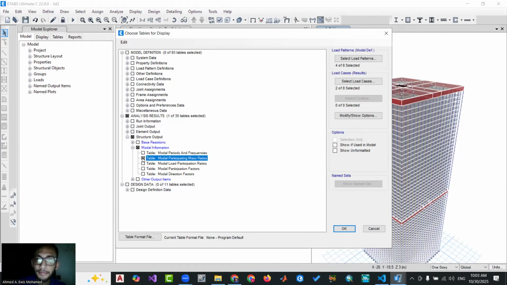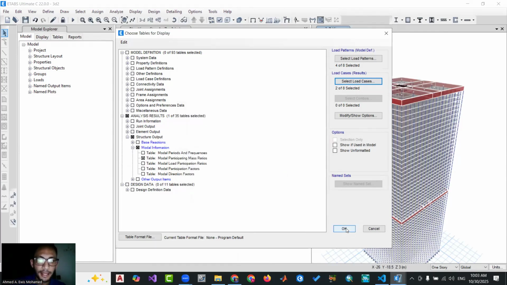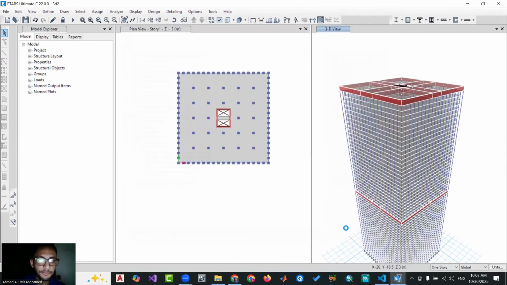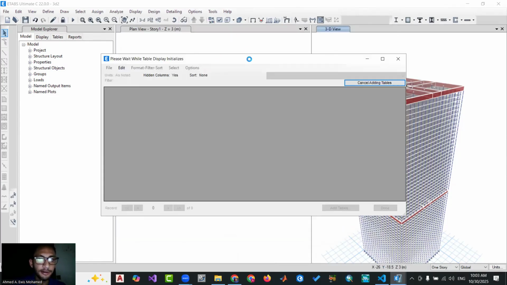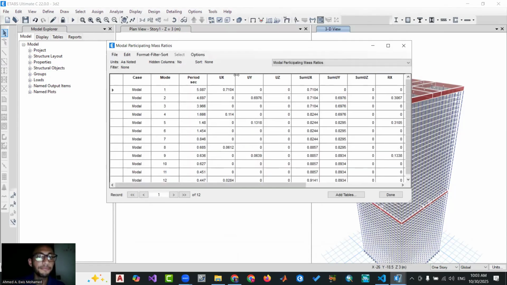Apply on this and go here for the selected load cases and choose earthquake X and Y, say OK, and say OK. You will get a table here. This table can show you, for example, I have mode 1.